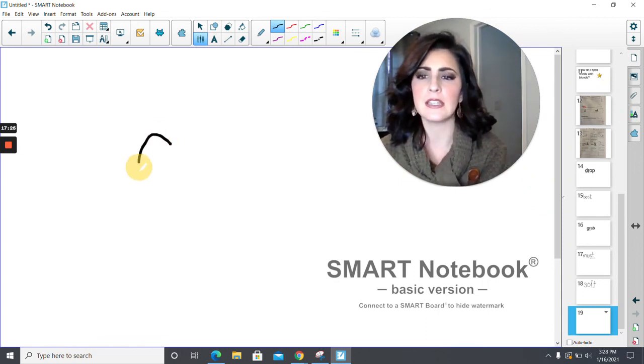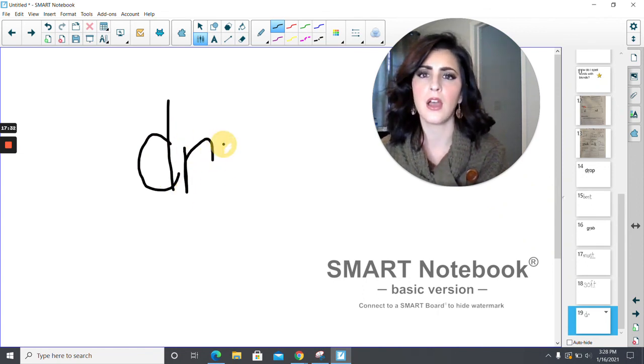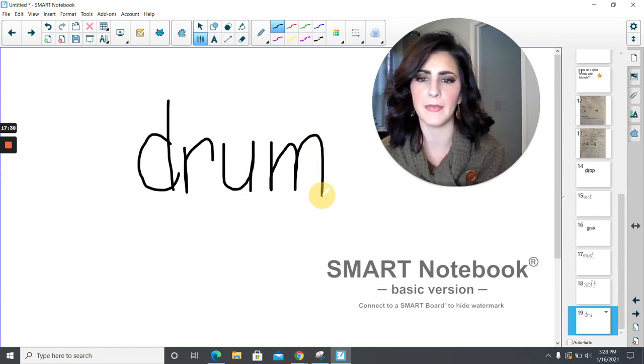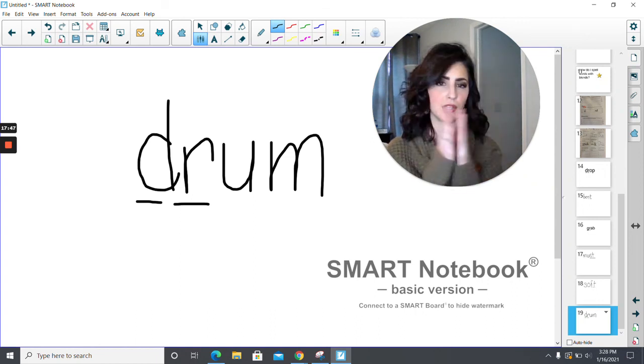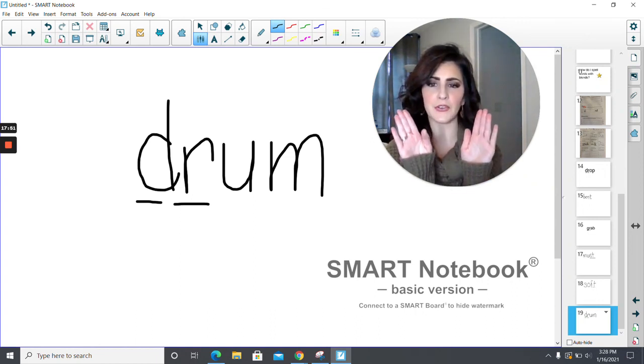So we have D says D, R says R, U says U, M is M. Drum. And here's our blend at the beginning. D-R. That's an R blend. Remember, our blended sounds are not glued together. We make two separate sounds for our blends.